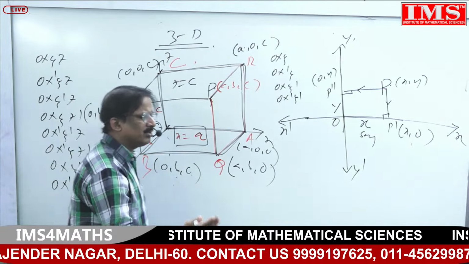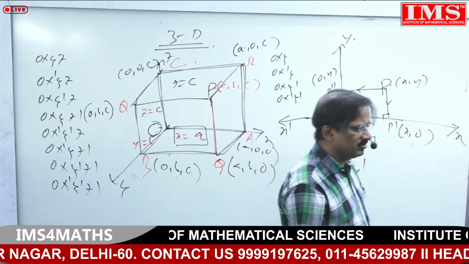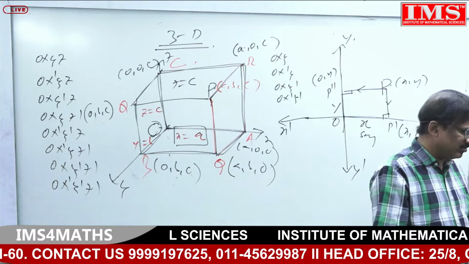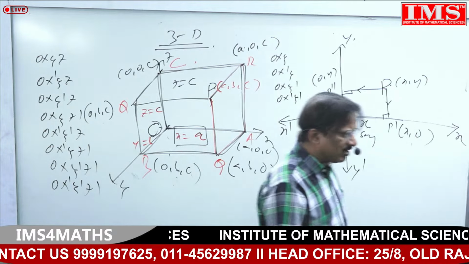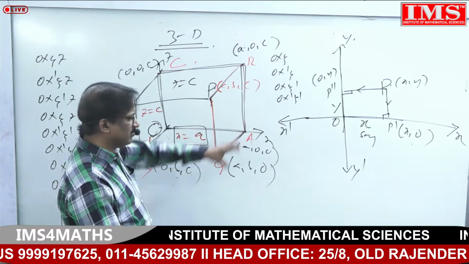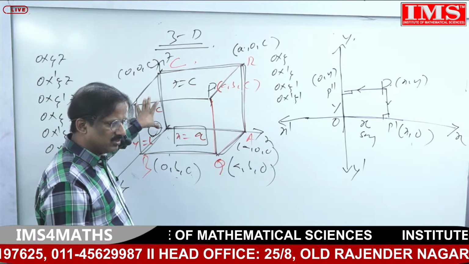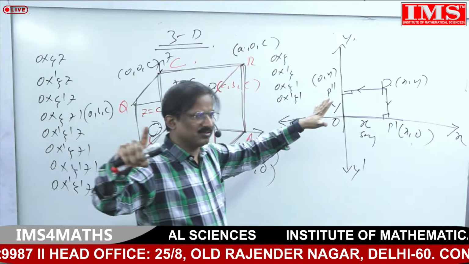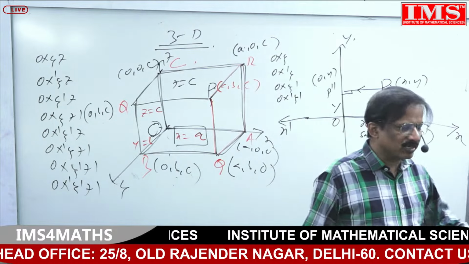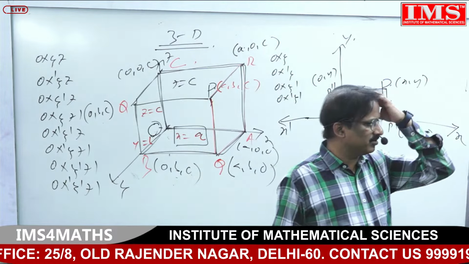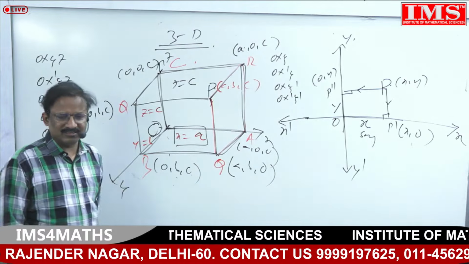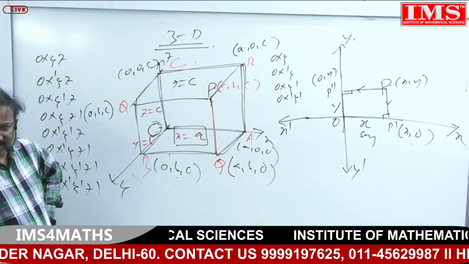That means how many parallel planes can I find? 3 planes parallel to the coordinate planes. In total, how many planes can you have? 6. These 6 planes together are known as a rectangular parallelepiped, and sometimes these planes are also called rectangular planes.